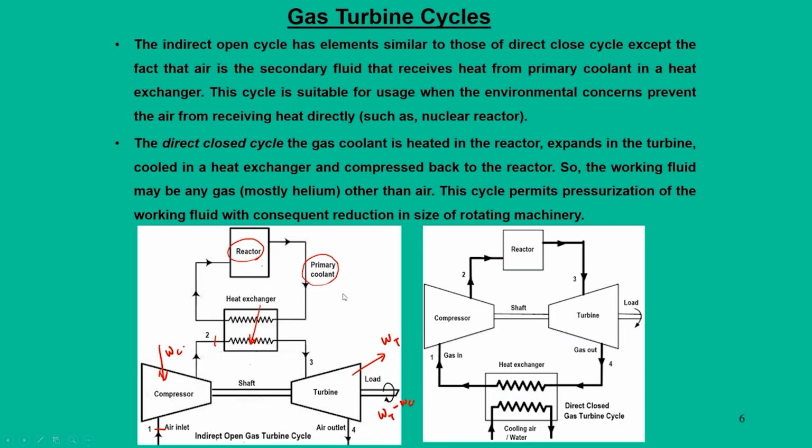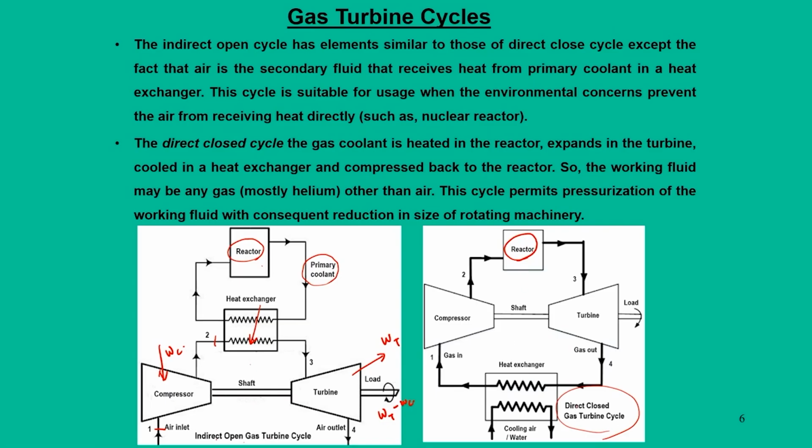The next thermal circuit arrangement is the direct closed gas turbine cycle. A direct closed gas turbine cycle means we have a reactor. Of course, this reactor can be interpreted as a combustion chamber as well.